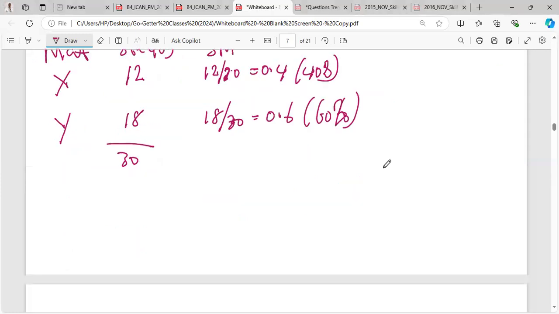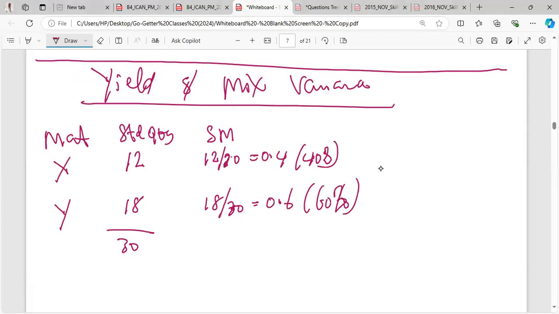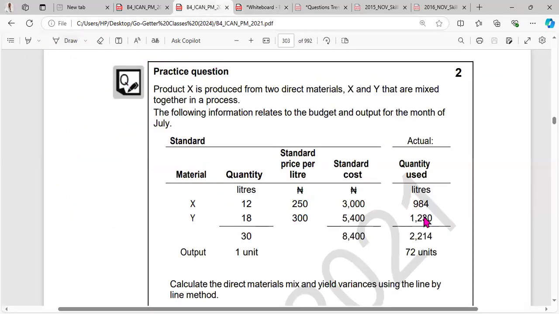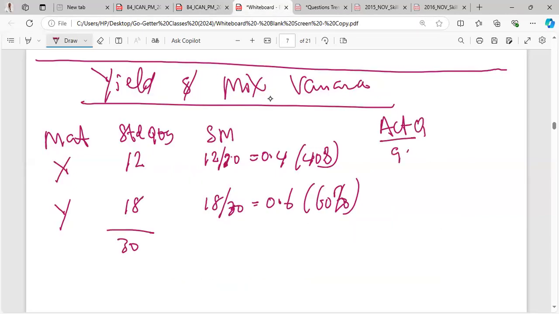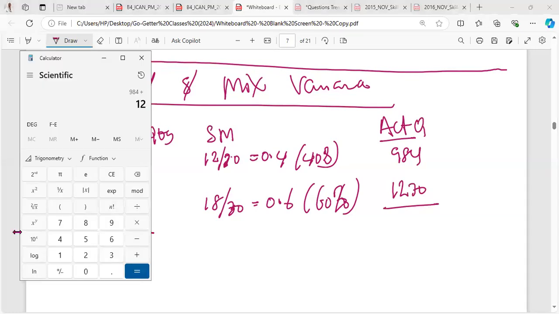Then actual mix. If you want to look at actual quantity and actual mix, this is 984 and 1230. We are totaling them: 984 plus 1230 gives me 2214.